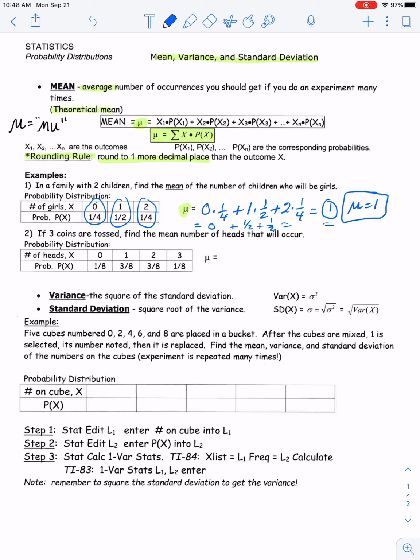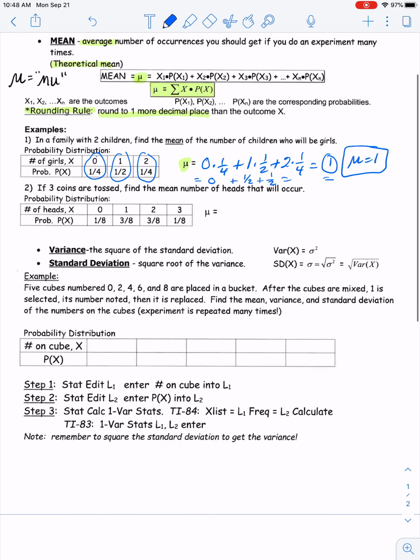All right, let's try a second example. If a coin is tossed, find the mean number of heads that will occur. Again, the probability distribution is given. So we're going to multiply the x times the p of x and add that up. So 0 times 1/8, 1 times 3/8, 2 times 3/8, 3 times 1/8.